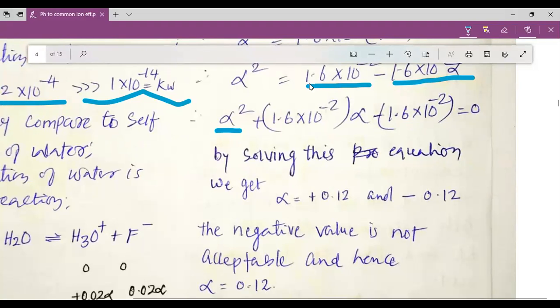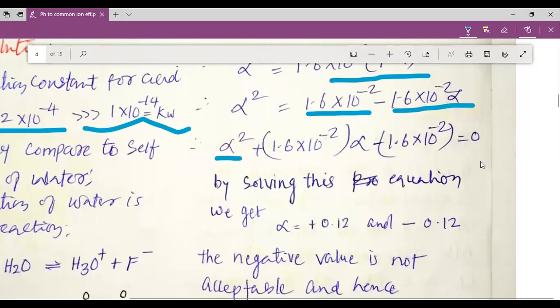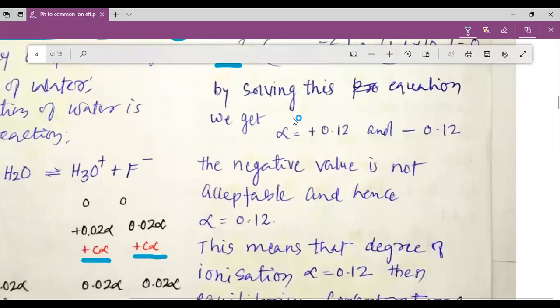The terms on the right side of the equal to sign are brought to the left hand side, so their sign changes, and what we get is alpha square plus 1.6 into 10 to the power minus 2 alpha minus 1.6 into 10 to the power minus 2 is equal to 0.